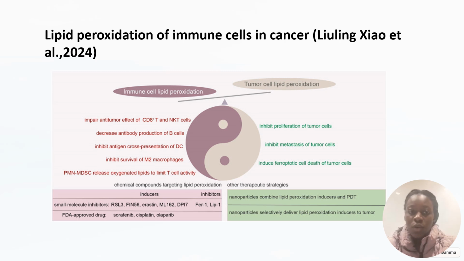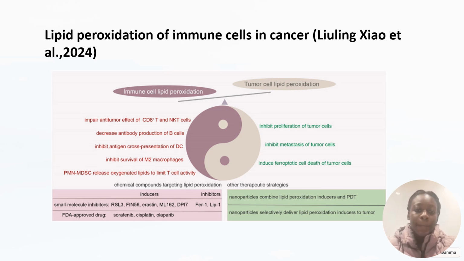Now I'd like us to talk about how lipid peroxidation can also affect immune cells during cancer. So I'd like to talk about a study by Li-Ling Zio. It was done in 2024. It gives us a tandem cycle of how lipid peroxidation can be good and bad at the same time.